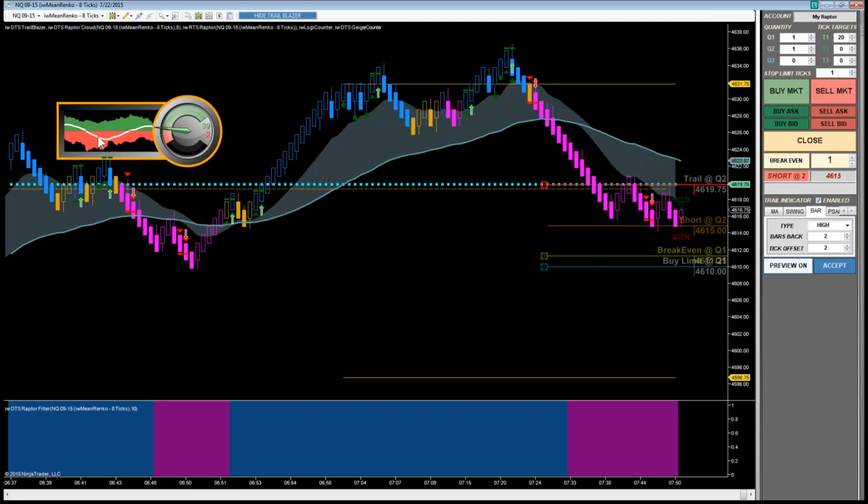So sellers put in a good effort here. We'll see whether or not they can force the market again. Buyers obvious at this level here. That's why the Geiger counter is green. Just depends whether there's going to be a lot of buyers.